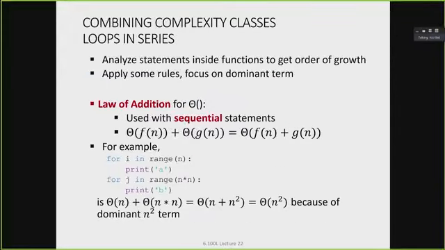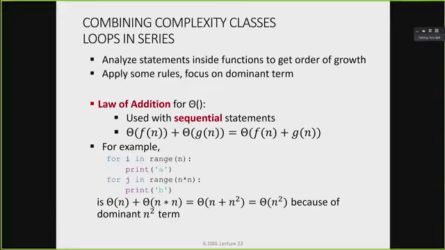When we have functions that are slightly more complex, and we've got things that are in series, like for example here I've got 2 for loops, one right after the other, we basically use this law of addition to take care of that. So that means we figure out what the theta is for the first for loop, the theta for the next for loop, and we just add those 2 thetas together. Okay?